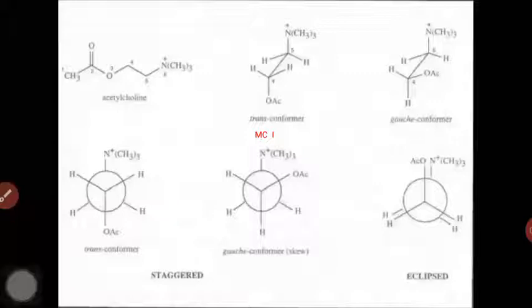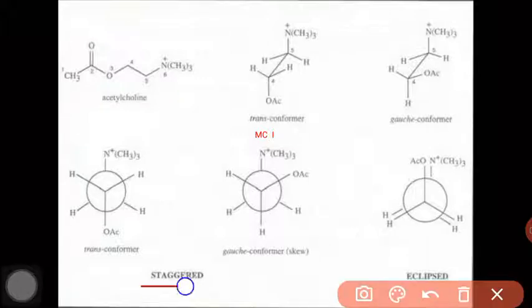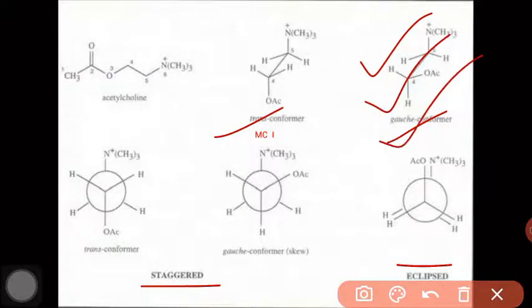So, whatever we have studied in the previous minute, it is written here. Say staggered form, eclipsed form, it is not at all stable. Eclipsed form is not stable. Gauche conformer is somewhat stable, and trans isomer is very stable, but the preferred isomer is this one in the case of binding the muscarinic receptor.